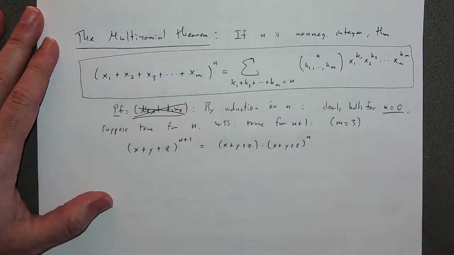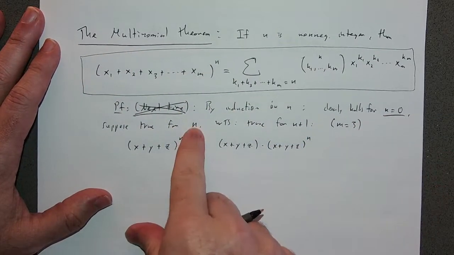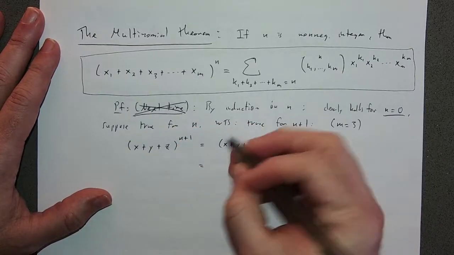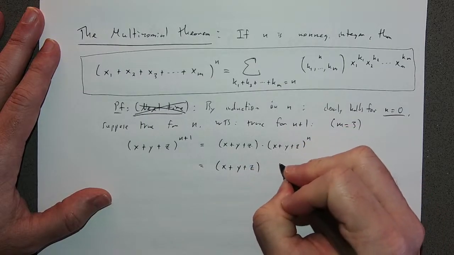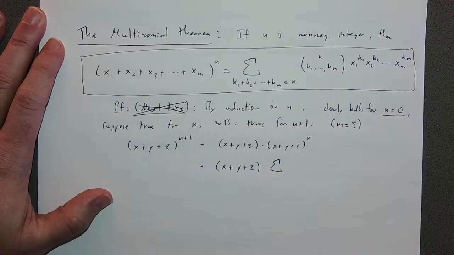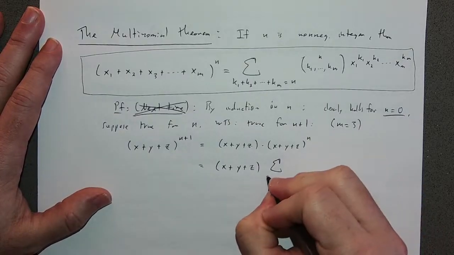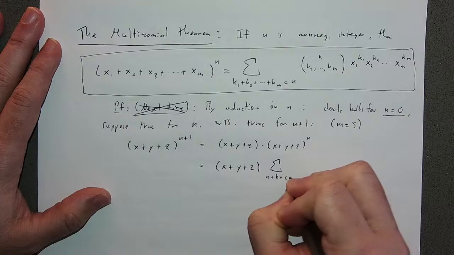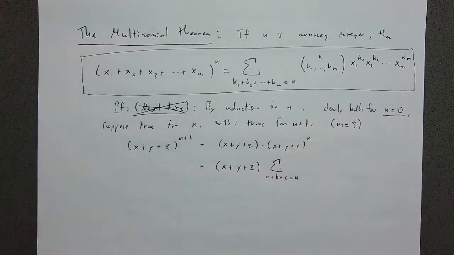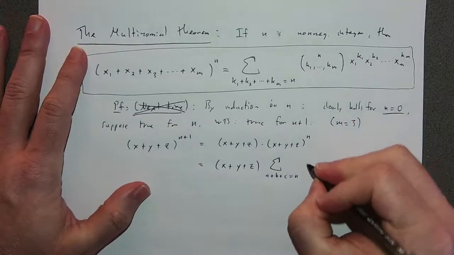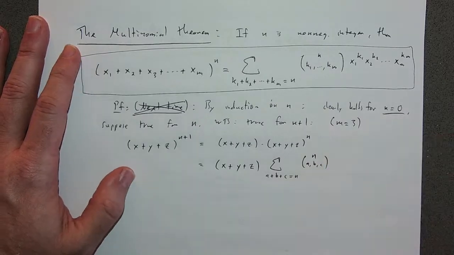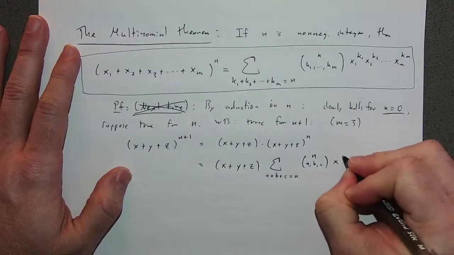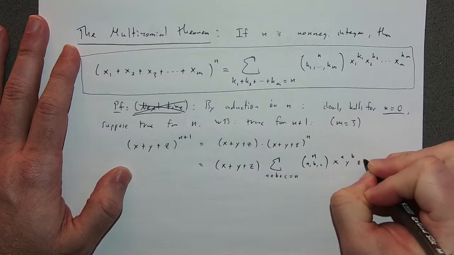But I assume that this multinomial theorem in this case is true for n, so this could be rewritten as x plus y plus z times the sum over integers a, b, and c, such that a plus b plus c is equal to n, of the trinomial coefficient n choose a, b, c, times x to the a, y to the b, z to the c.